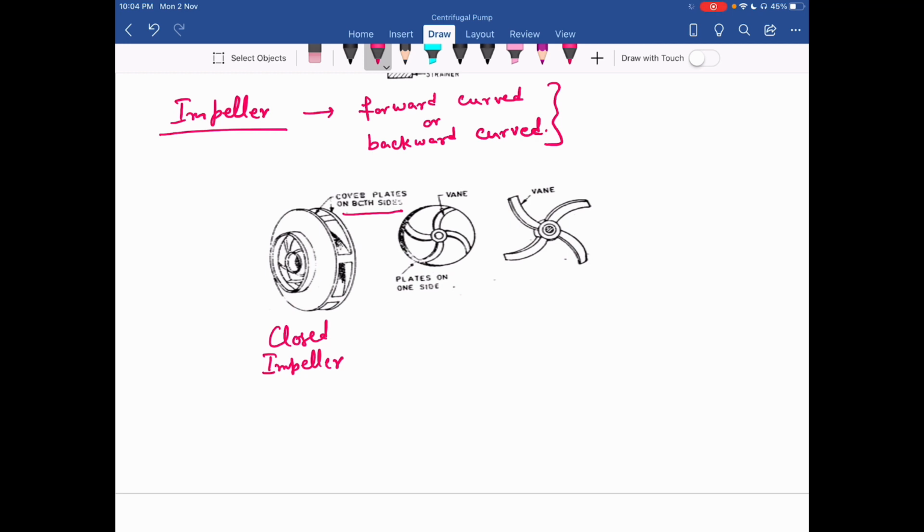So in case of closed impeller, there is better guidance to the water, and this type of impeller is more efficient as compared to the other ones. Okay. Now the material for this impeller is normally cast iron.